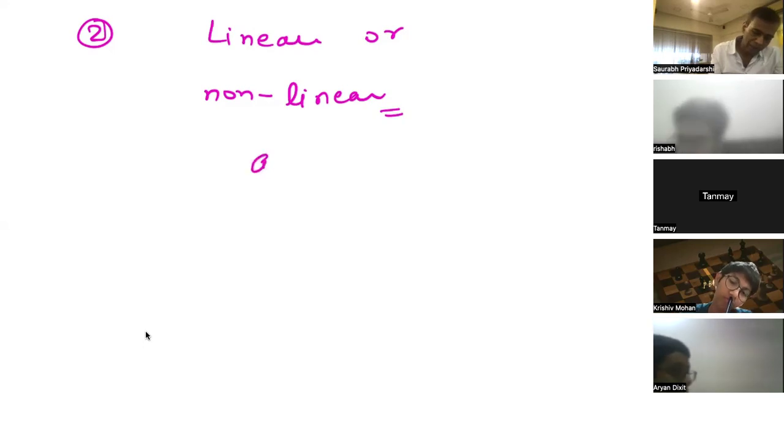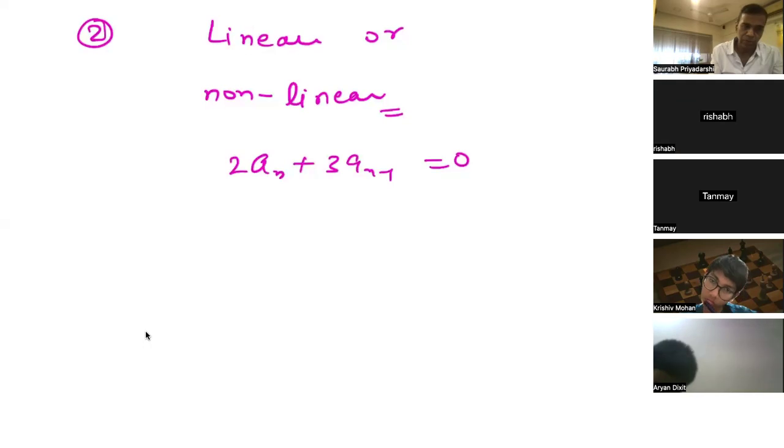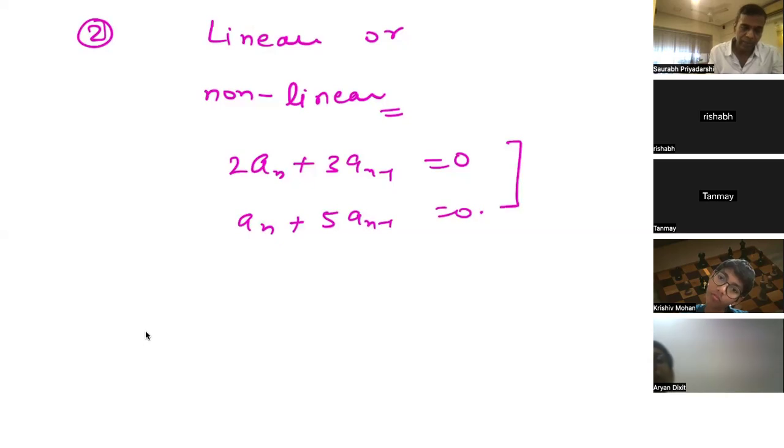Like I'm saying 2a_n plus 3a_(n-1) is equal to 0, right? a_n plus 5a_(n-1) is equal to 0, right? So these are called the linear form, right?